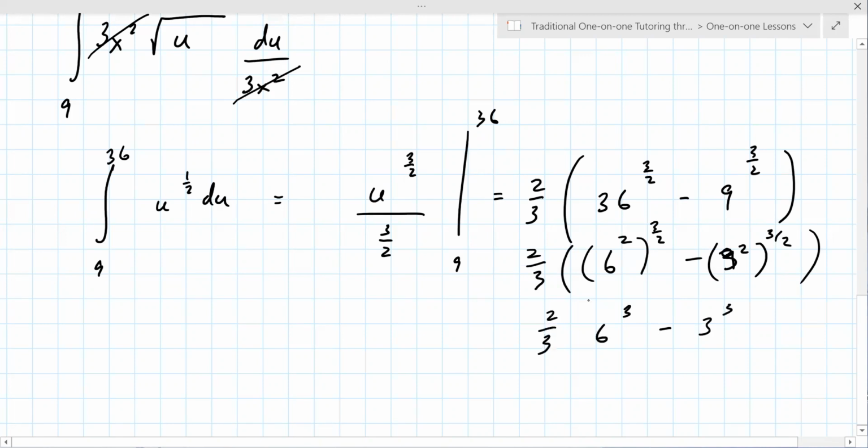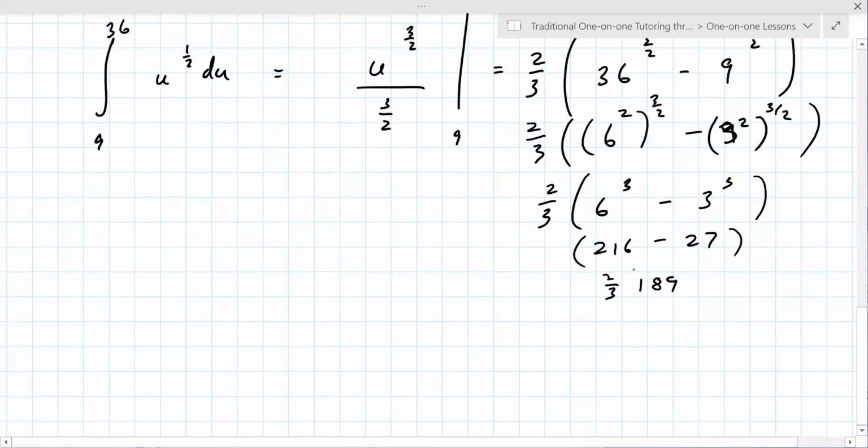You know, 2/3 here. So 6 cubed is 216 minus 27. And that is what, 189. 2/3 of that. So this is divisible by 3 because the digits add up to a multiple of 3. So that's 63, it's 126. Okay.